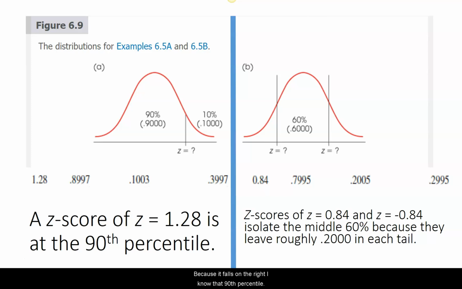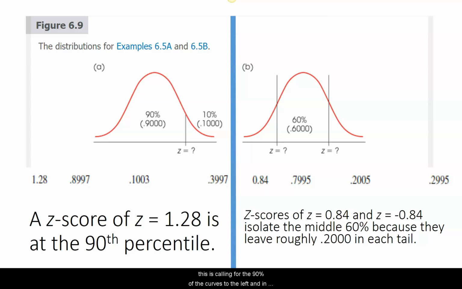I know that 90th percentile, where I'm closing off 90% to the left and 10% to the right, has to be on the right side because when we're talking percentiles, we always go to the left. I may have said 10th percentile before, excuse me. But definitely the 90th. That's what this is calling for. That 90% of the curve is to the left.